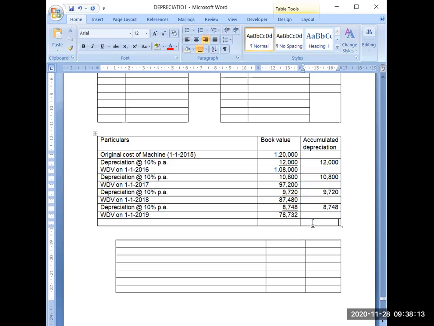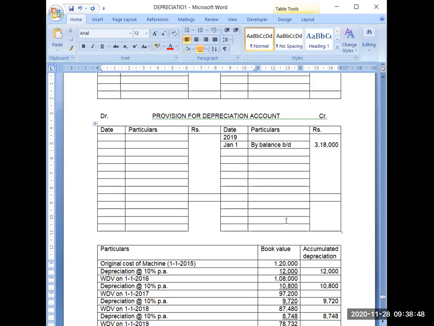So the total depreciation charged from the date of purchase till the date of sale on this particular machinery, at the rate of 10% per annum and written down value method, is 41,268. So we will transfer that from here.